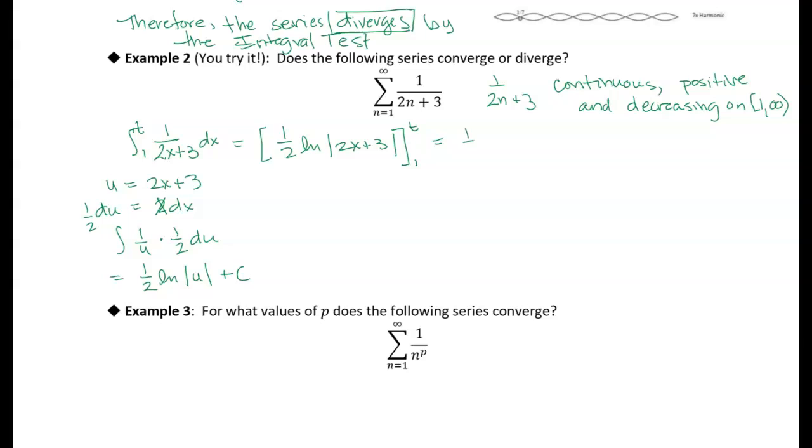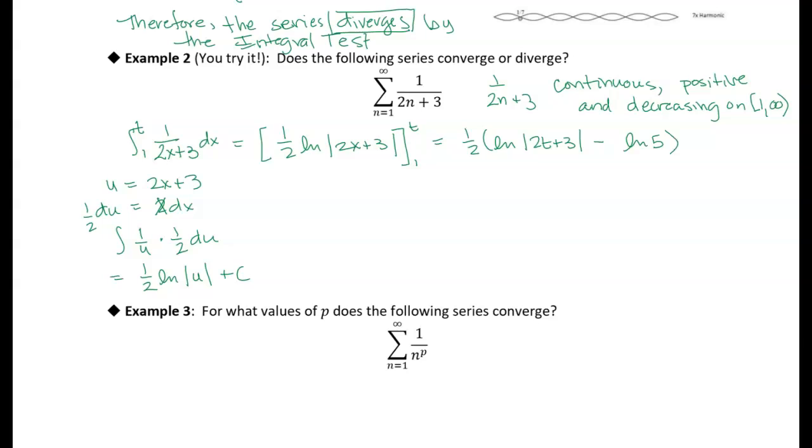I'm going to pull the 1/2 out front, and I get the natural log of the absolute value of 2t plus 3. And then when I substitute 1 in, 2 plus 3 is 5, so I get the natural log of 5. I don't need the absolute value because 5 is already positive.